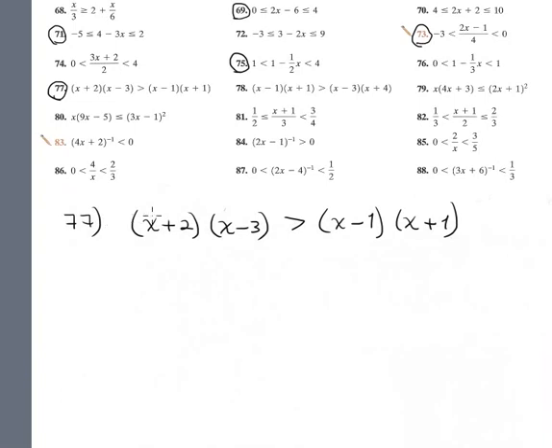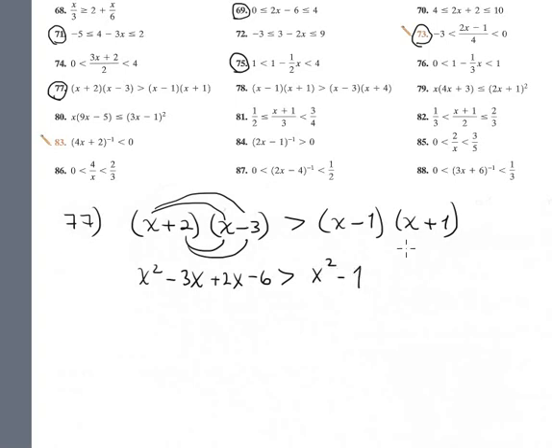Okay, 77, inequality again. You multiply here with FOIL: x squared minus 3x plus 2x minus 6 greater than, and the multiplication of this and this is x squared minus 1, because it's like a difference of squares. You express everything in standard form, moving everything to the left. Minus 6 minus x squared plus 1 greater than 0.